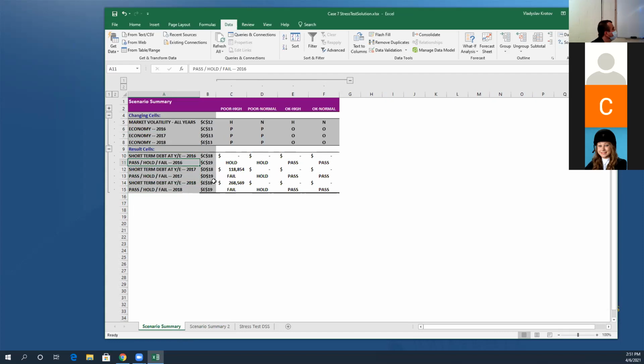Go ahead, please. Can you go back to this, how you highlight this? No, you need to look for the scenario summary. Go to what if analysis. Let me show you again on this picture. Yeah, I'll show you again how I generated this summary.